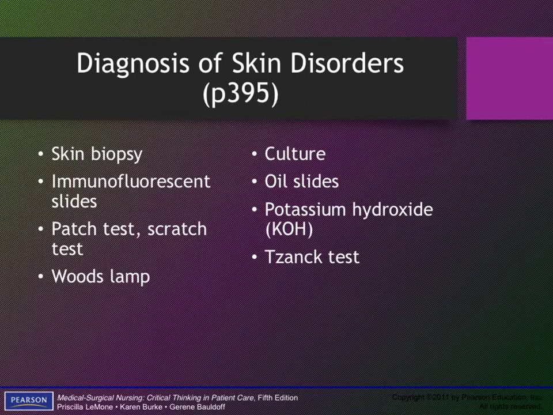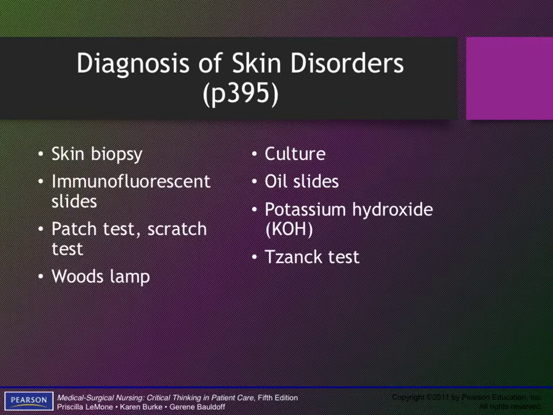The next test that we're going to talk about is the Wood's lamp. What they do is they use ultraviolet light that causes certain organisms to be fluorescent. One of them is Pseudomonas and fungi. And then the skin is examined underneath of this special light.